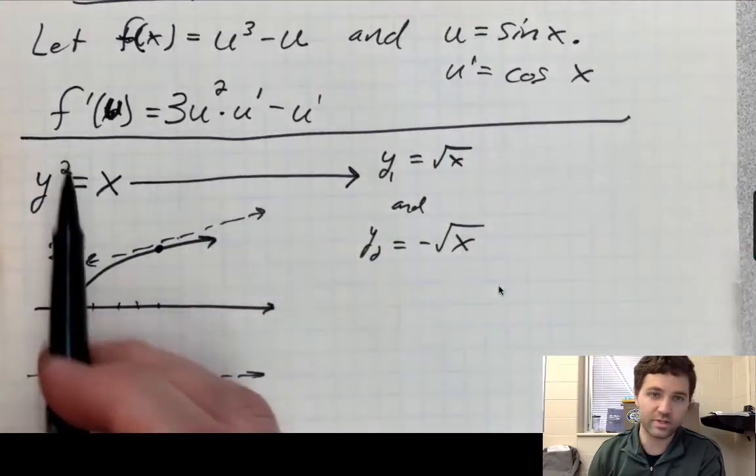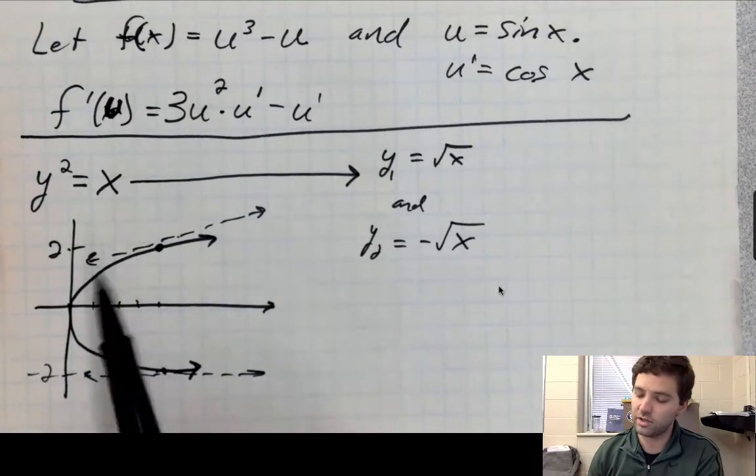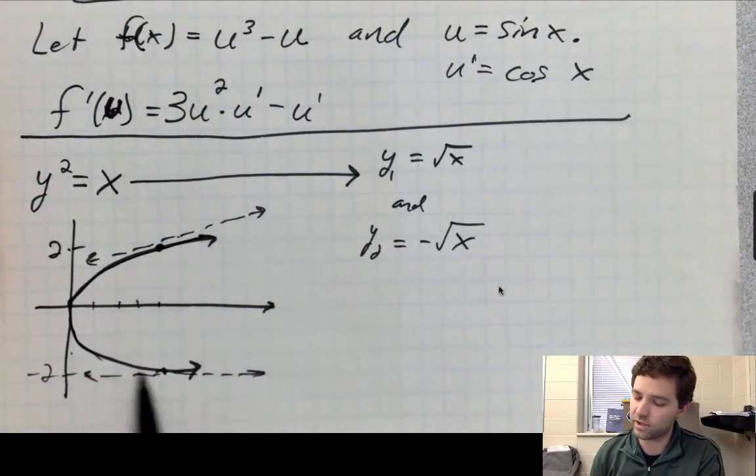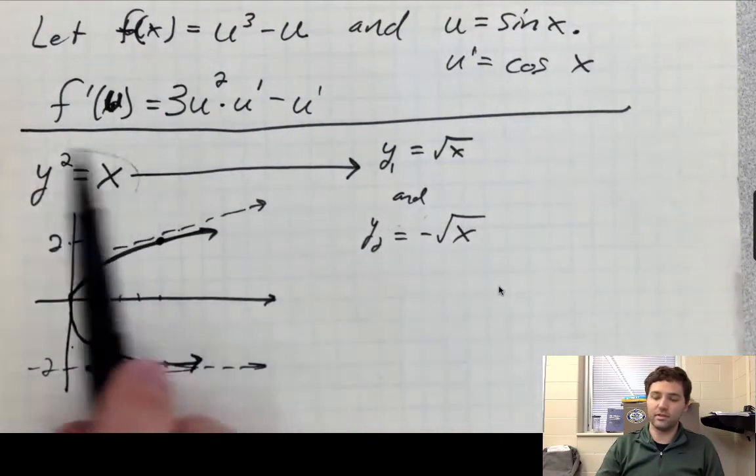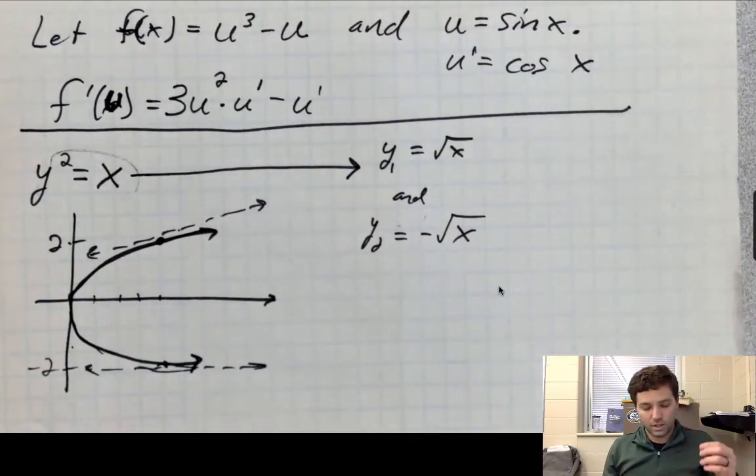In other words, if you square root both sides, you get plus or minus square root of x. It's an implicitly defined equation because these functions are implied in the equation, all right?